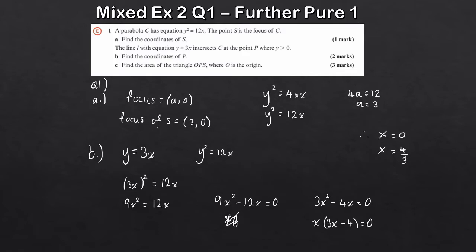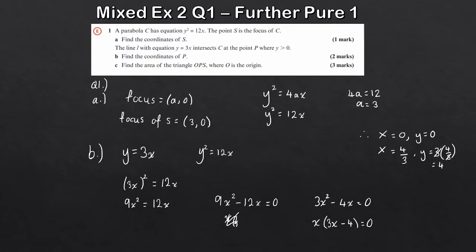Well, we can use y equals 3x again. When x is 0, clearly y would just be 0. And then when x is 4 over 3, y is equal to 3 lots of 4 over 3. The 3 will just cancel and we'll just get 4 there.